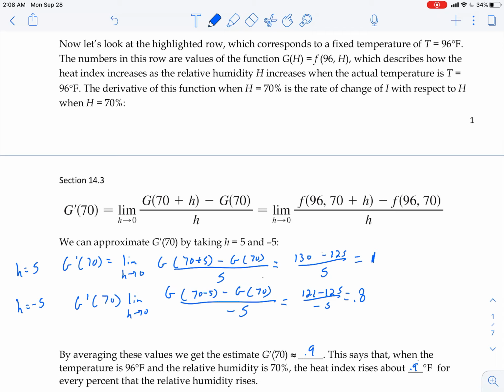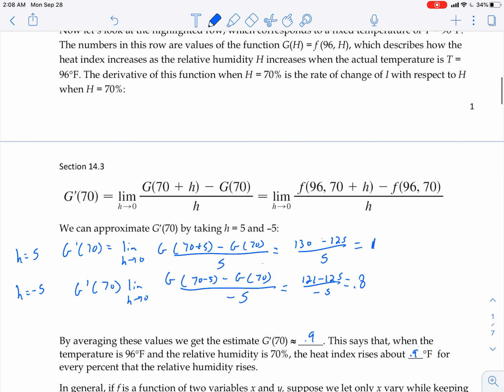We can approximate G prime of 70 by taking h equal to 5 and negative 5, corresponding to our steps for the humidity. So G prime of 70, the limit as h approaches 0, G of 70 plus 5, which is 75, minus G of 70 divided by 5. So 130 minus 125 over 5 is just 1.